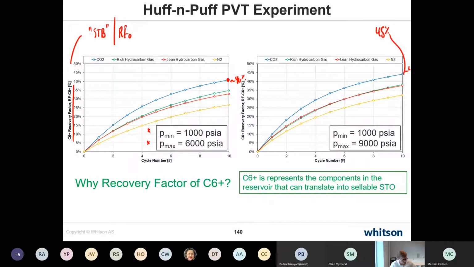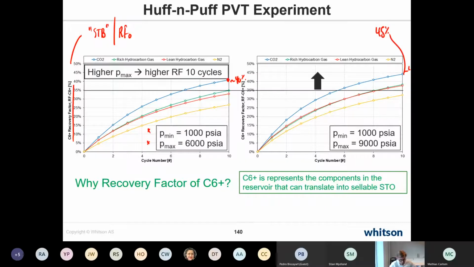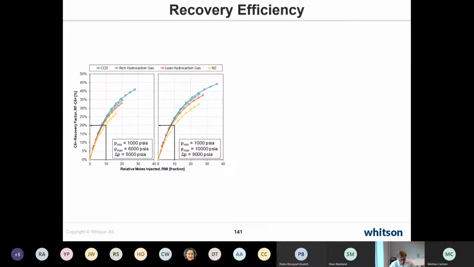So higher pressure is in general true, but in this case, since we remove components at the same pressure, if we normalize for the relative moles of gas injection, or to make it simple, just the MCF of gas injected versus stock tank barrels right here, that's the way we can think about it, we actually see that the recovery efficiency at, for instance, this point is the same in both cases.